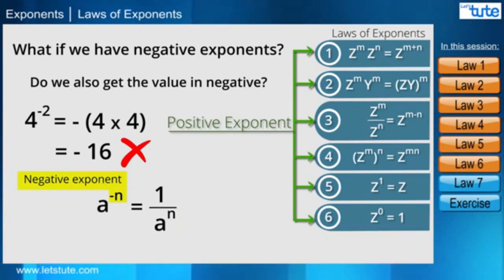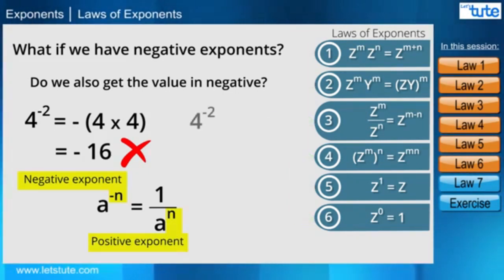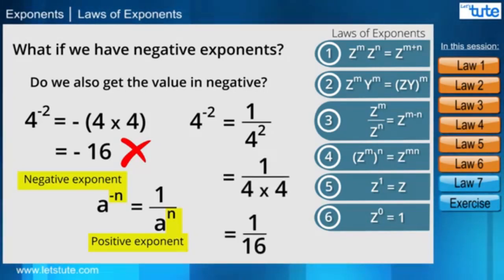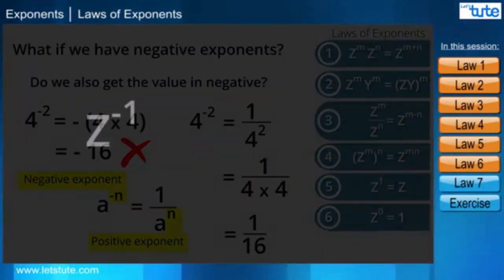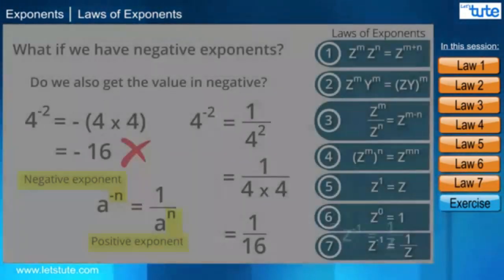That means a negative exponent in the numerator is a positive exponent in the denominator. So can we write 4 raised to the power minus 2 as 1 divided by 4 raised to the power 2? Yes, we can. So, z raised to the power minus 1 equals 1 divided by z, right? So this is our 7th law of exponent.